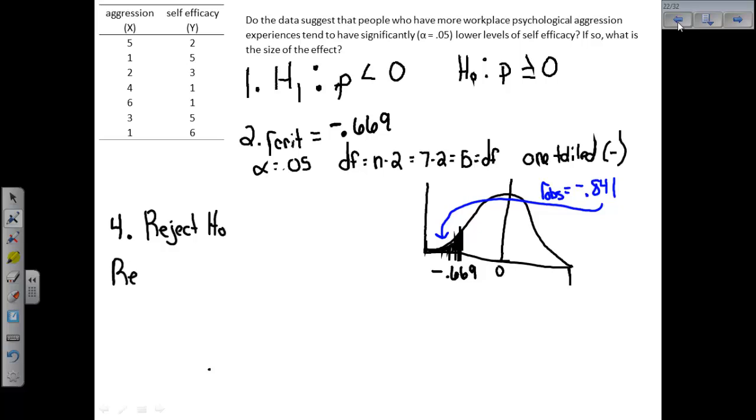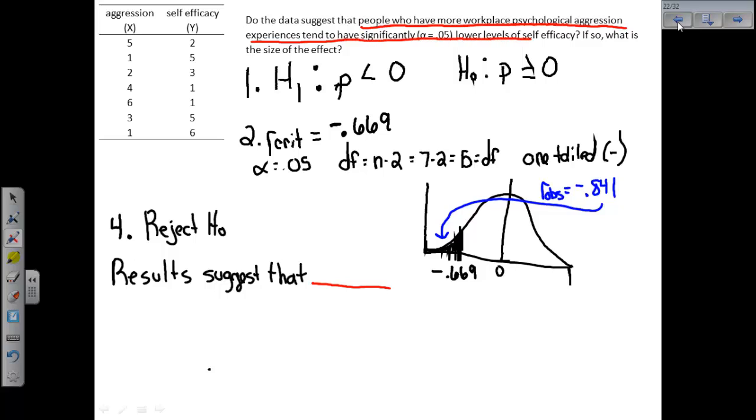And the results suggest that, I'm going to be lazy again. So you could say people who have more workplace psychological aggression experiences tend to have significantly lower levels of self-efficacy. That's more of a plain English definition.